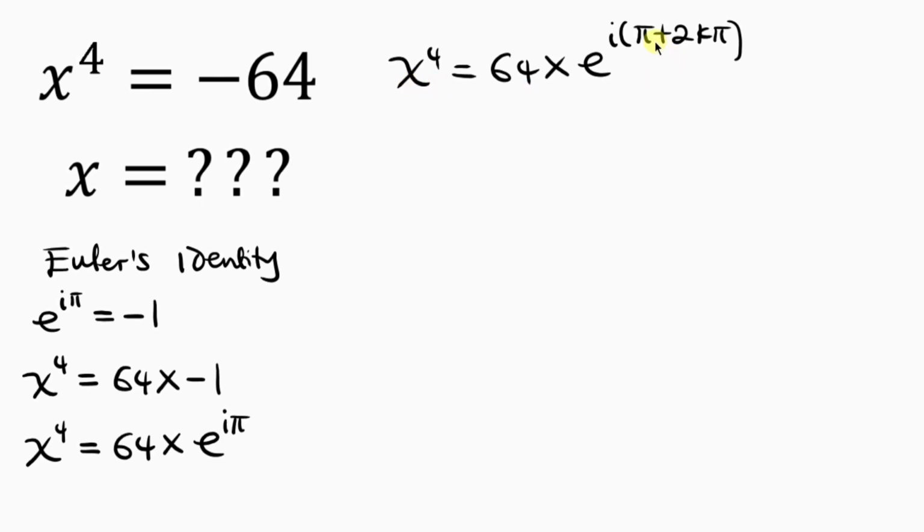Also note that adding 2k pi does not change the argument as long as k is an integer. And since we are supposed to have 4 distinct roots of x, the values of these distinct roots can be gotten from the values of k ranging from 0, 1, 2, and 3.